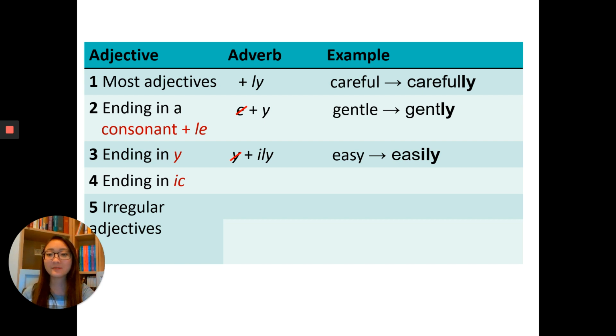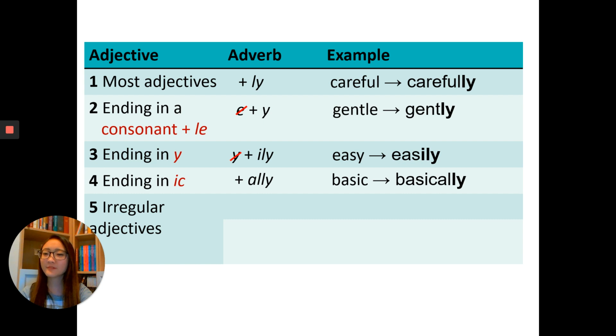That is your adverb there. Number four, if your adjective ends in the letters IC, we are just going to add ALLY. So for basic, change it to basically by adding ALLY.